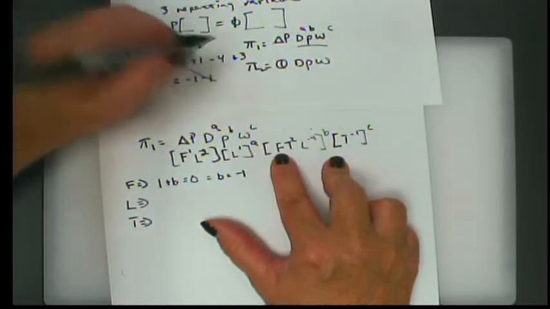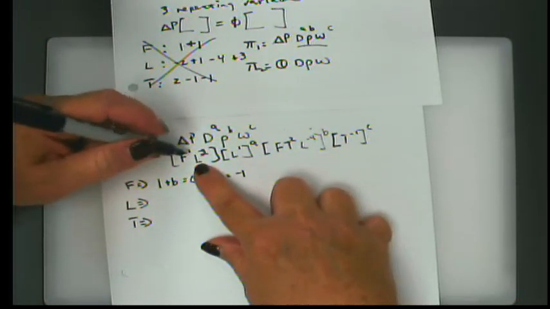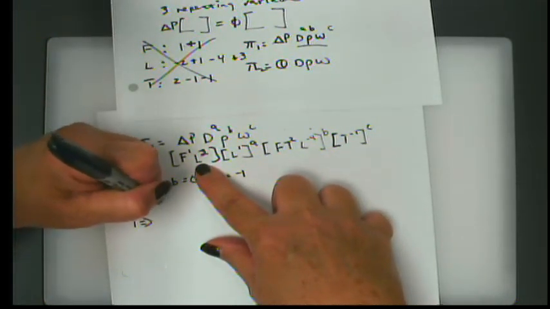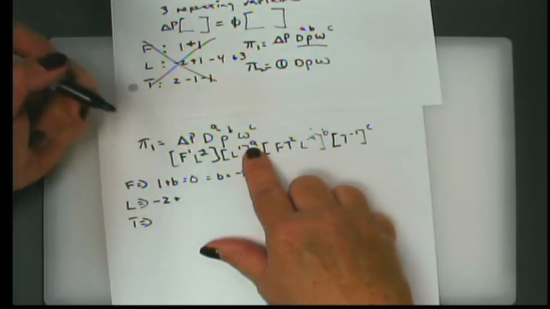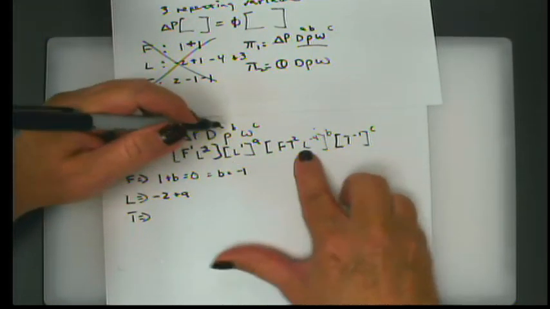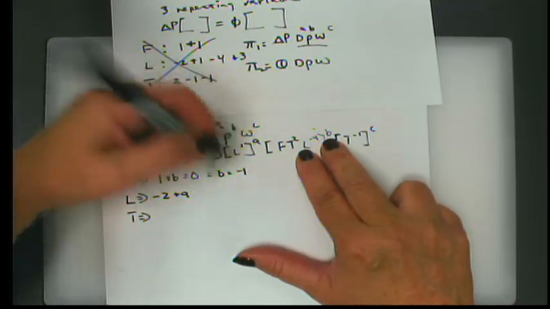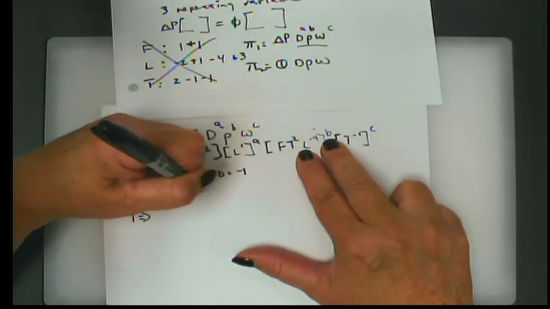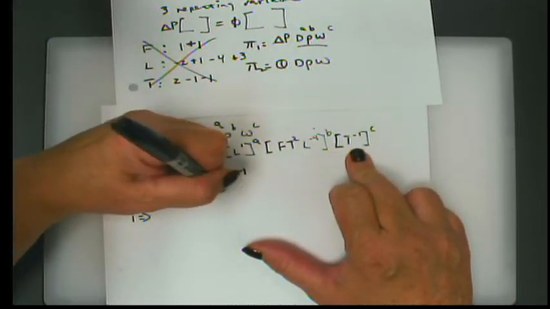That's kind of nice, just to begin with. Now L, on the other hand: here we have -2 plus A times 1, which is A. Now this is a weird one. We have B times -4, so that's -4B. And then we don't have any L over here, so those have to add to 0.